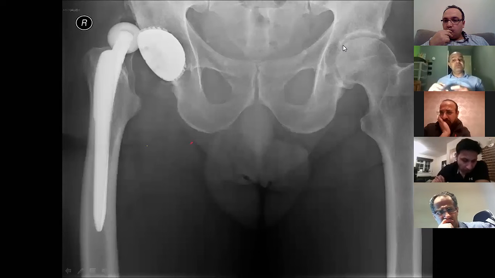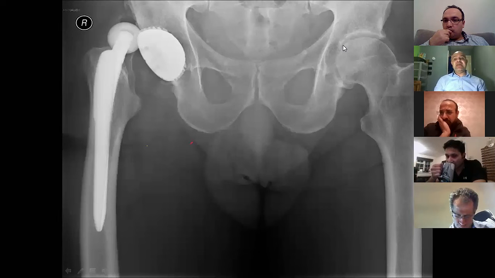And what about the head size? Because this will affect the excursion distance and the head-neck ratio, and directly the range of motion. When I optimize these measurements, I am also optimizing my outcome by decreasing the risk of dislocation within the functional range of movement.